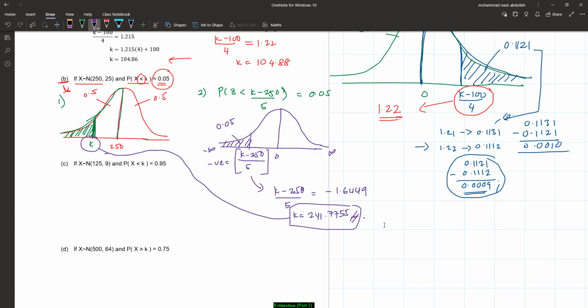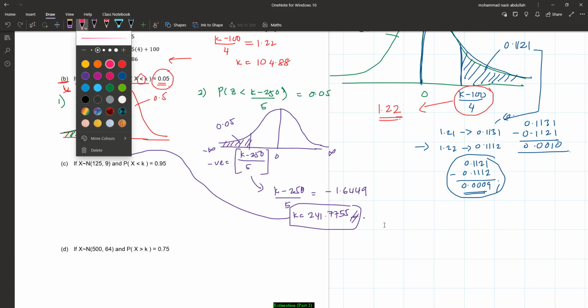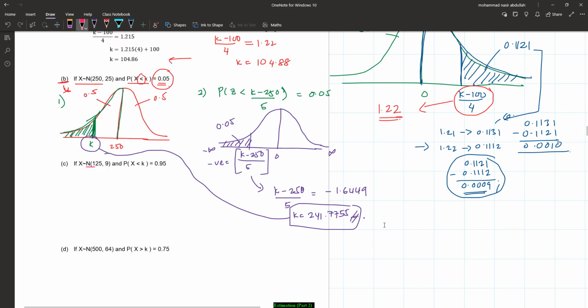Right. Let's look at the next example. This is quite a different example. Okay. So here it says X has a normal distribution with mean equal to 125 and variance equal to 9. So we want to find the probability of X less than K. So X less than K is 95% of the area.